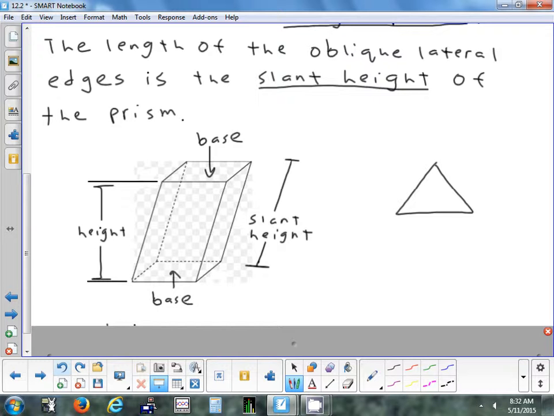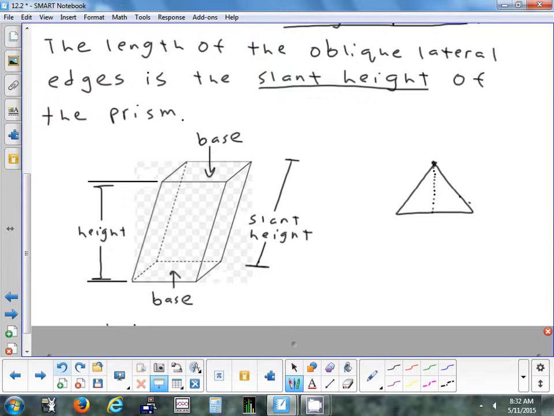pyramids. Imagine this is like the cross-section of a pyramid. If you were standing at the top and there was a hole in the pyramid, and you dropped something straight down to the floor, right in the middle of the pyramid, that's the height. Let's say there were also some stairs on the side of the pyramid that you could walk up. That's the slant height, walking up the side of the pyramid.